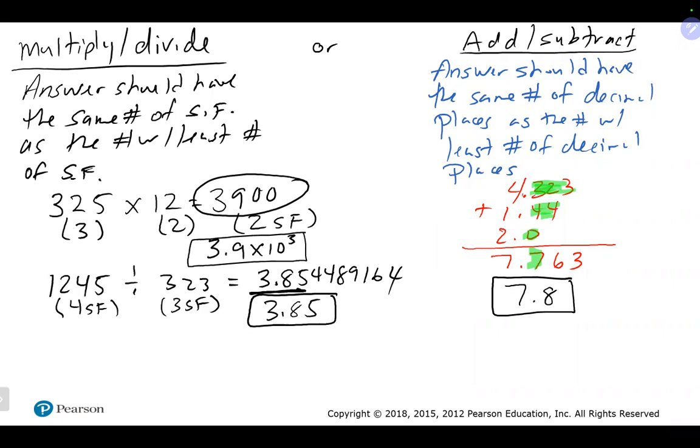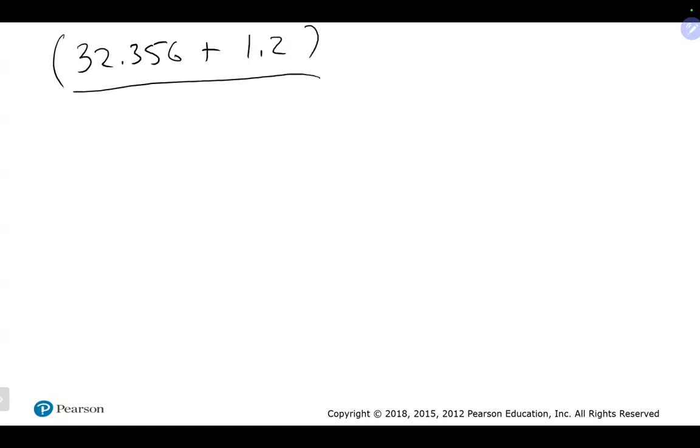Now, if we did multiple things together, we do want to keep track of stuff. So for example, let's just say we had some fun here. We took 32.356 and we added 1.2, then we divided by 4, 5, 6, 7.